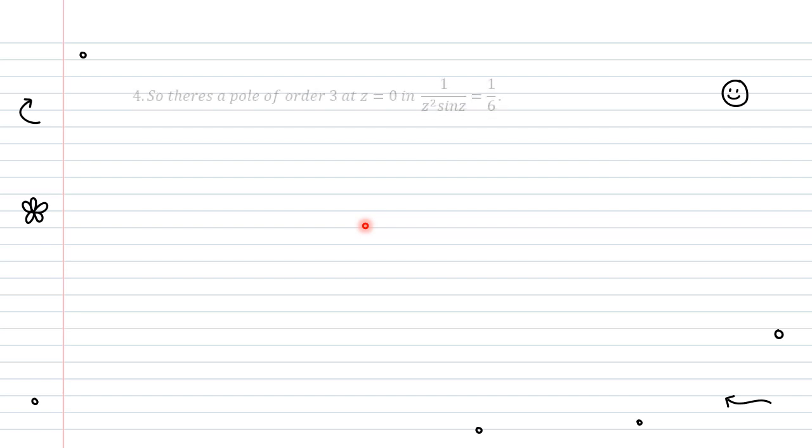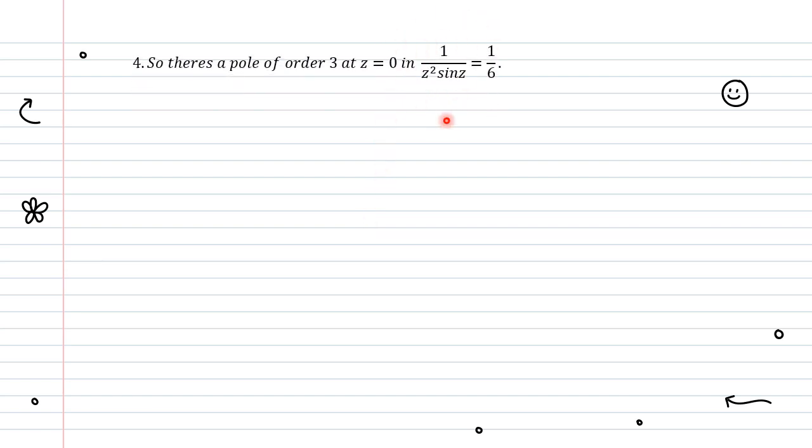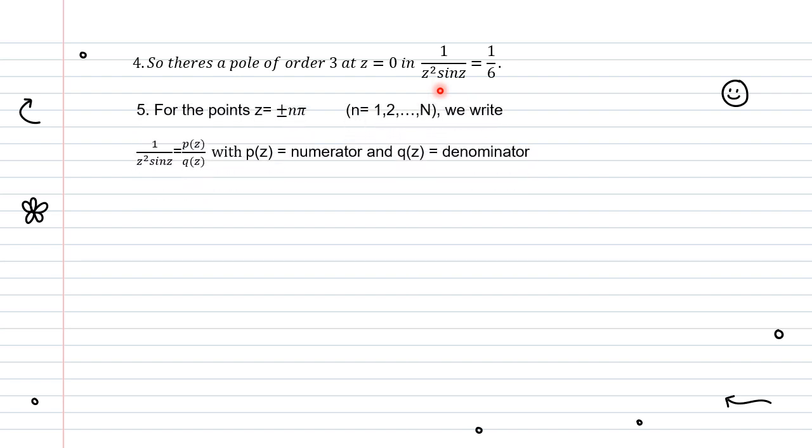Next thing we're gonna do is that in this function we see that we got a pole of order 3 at z equals 0, and the residue is 1/6. Then for the points where z equals plus minus n times pi, where n is a natural number, specifically 1, 2, and so on, we write this expression as we have seen before, 1 over z squared times the sin of z, with this being the numerator and this the denominator.